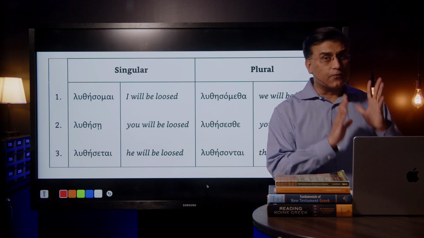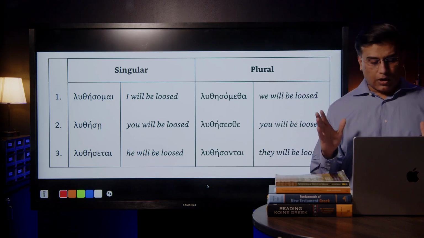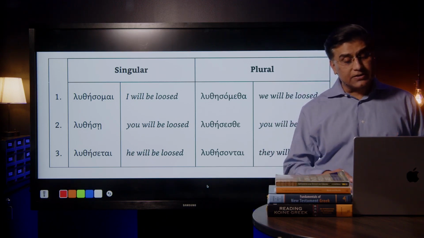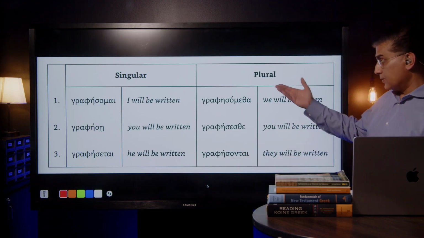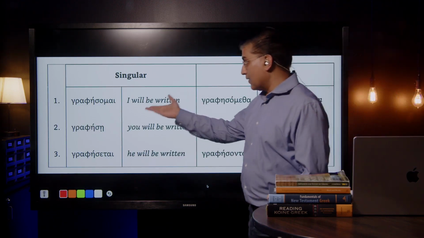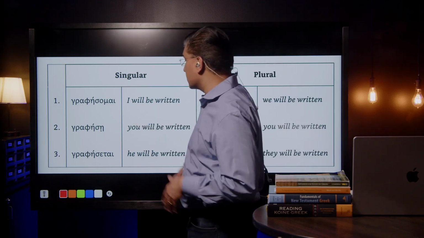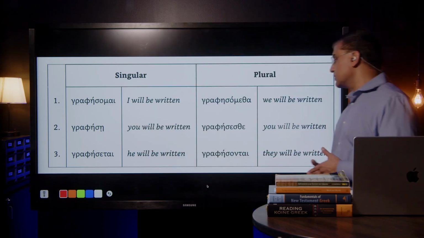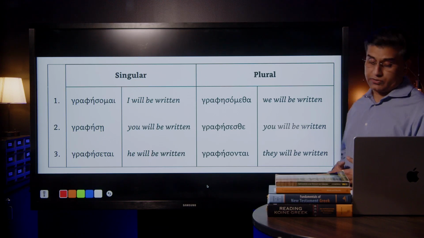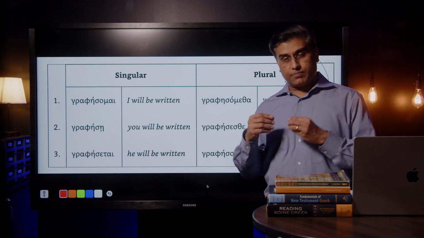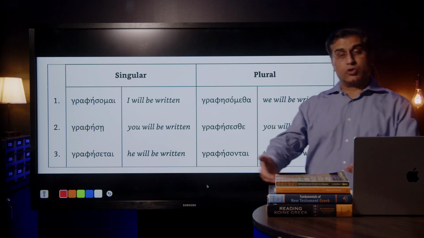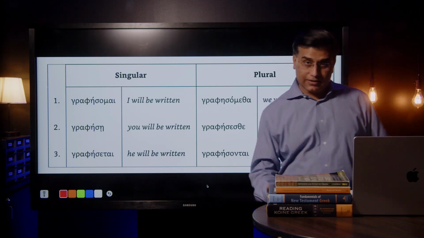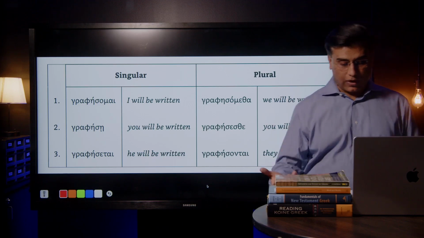But this is just the first future passive indicative. How about the second? Well, the second looks like this without the theta. So it is graphesomai, graphese, graphesetai, graphesometha, grapheseste, graphesontai. This is your second future passive indicative of grapho.